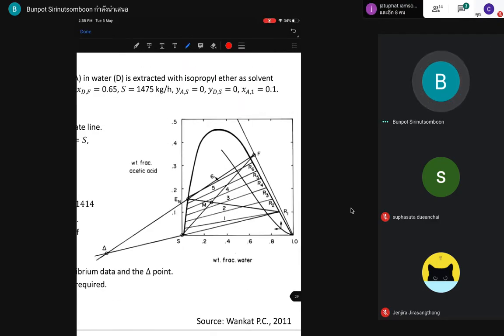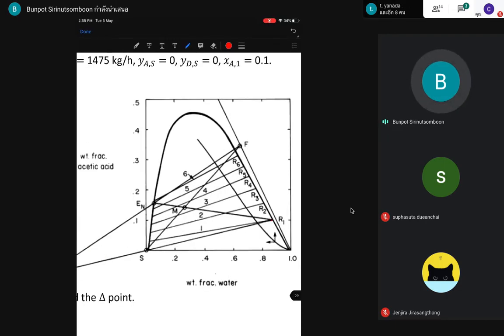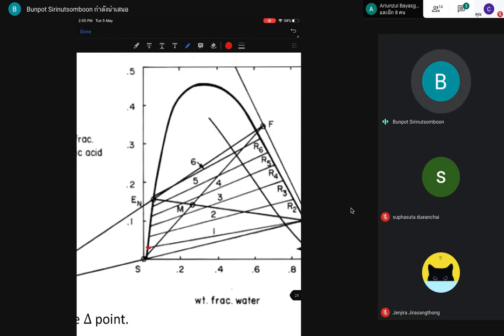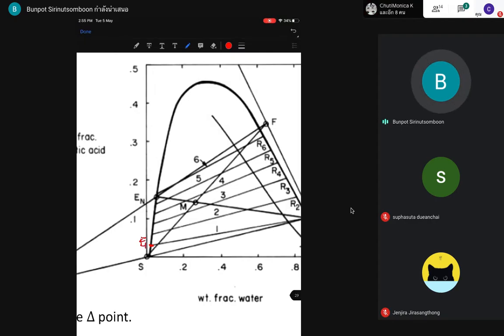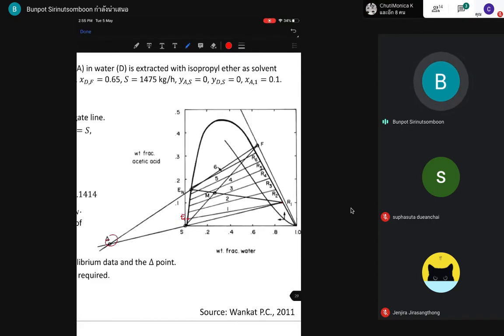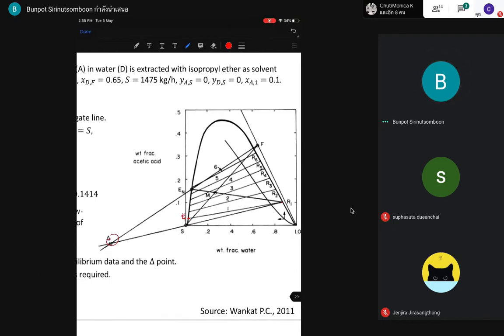you find delta, and then you start from R1 and find the tie line to this one. So this is E1 right here. Then you draw the line from the delta point through E1 to the other side, and you get R2 here.